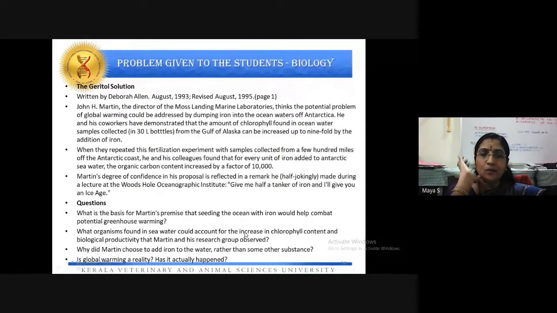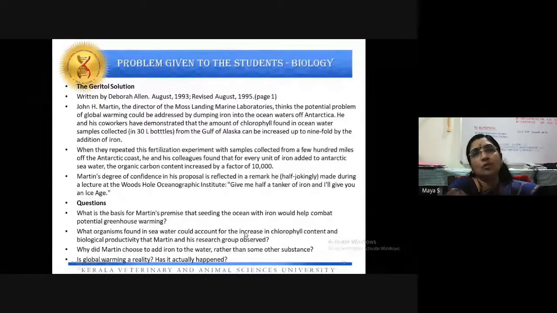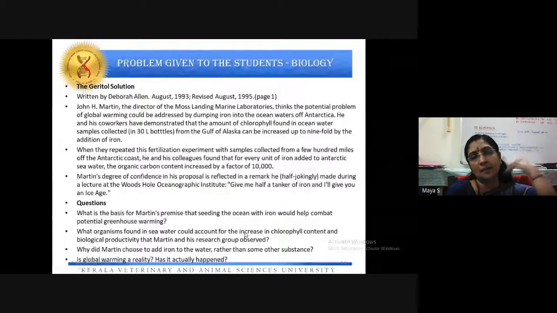Is there any connection with global warming for this chemical treatment? What is the potential treatment which we can use to protect the earth? All these are questions which have to be answered by the student.